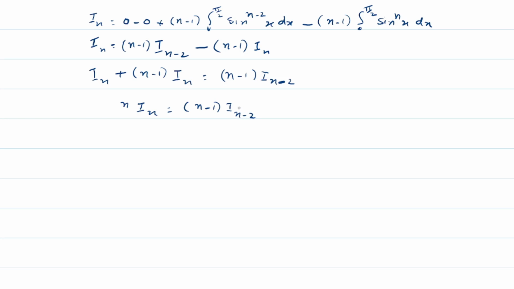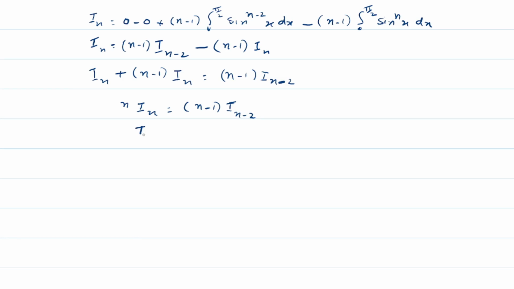So this is one stage, I_{n-2}. We will simplify I_{n-2}. We will find I_{n-2} using this formula. If n is n-2, what will it be? So we will find like that.